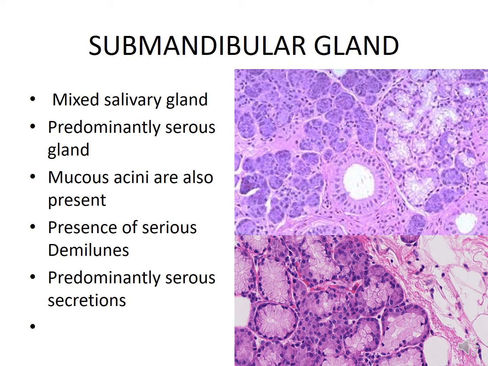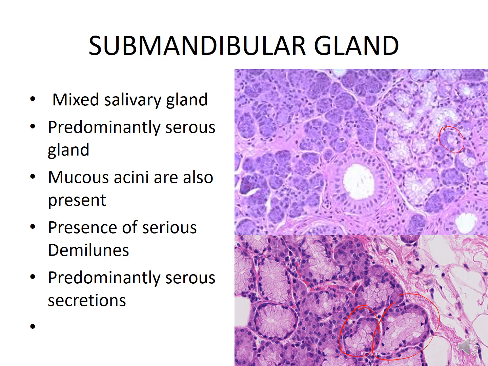Now, the submandibular gland is a mixed gland. It is predominantly a serous gland, and mucus acini are also present. And there is another structure, known as the serous demilunes. You can see here in this picture, serous demilunes. These are the half-shaped acini on the mucus acini, and they are present mostly in the submandibular gland.